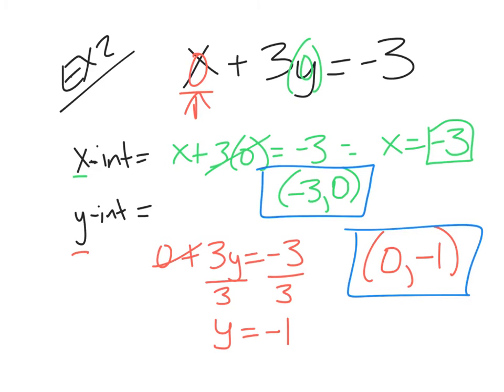If I'm going to find an intercept for one variable, what do I do to the other variable? I plug in a 0. That's the rule of thumb. If I'm finding the x, I put the 0 where the y is. If I'm finding the y, I put the 0 where the x is. And just solve. So what was my x-intercept? Negative 3 comma 0.